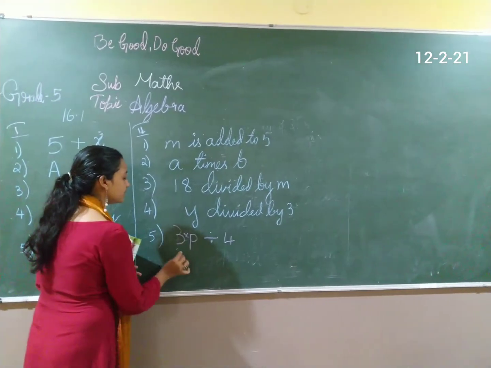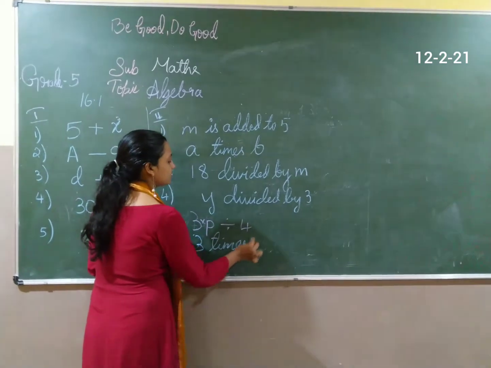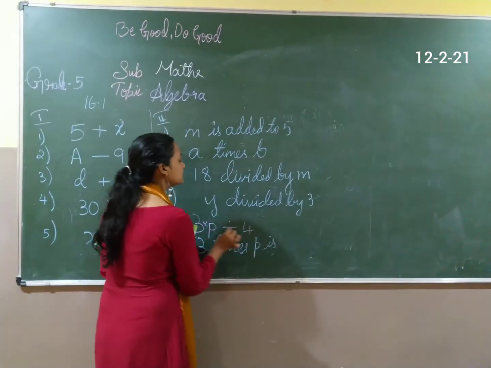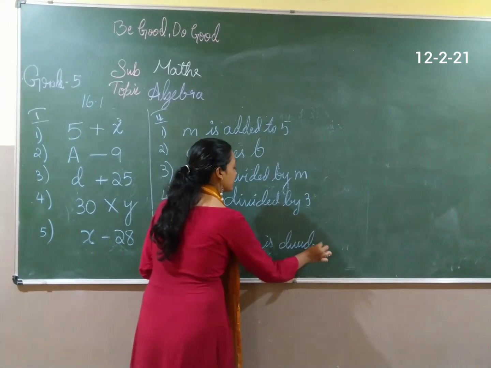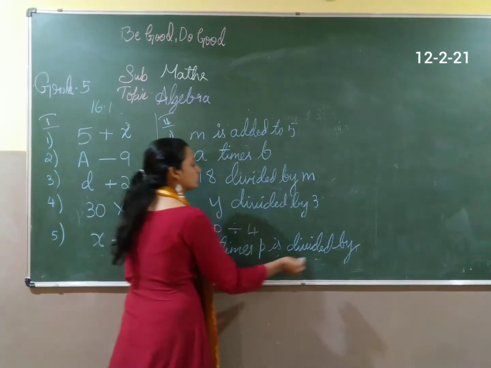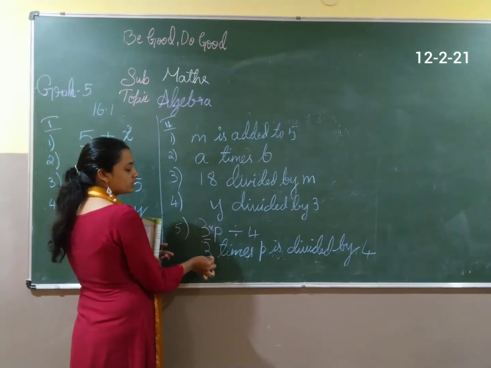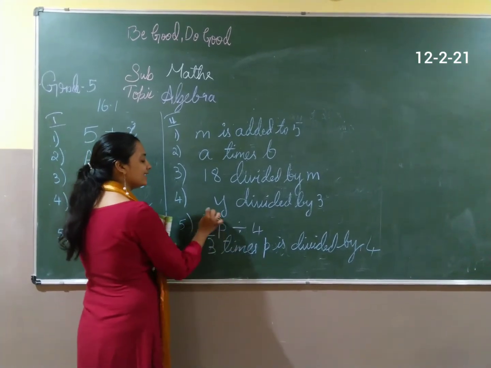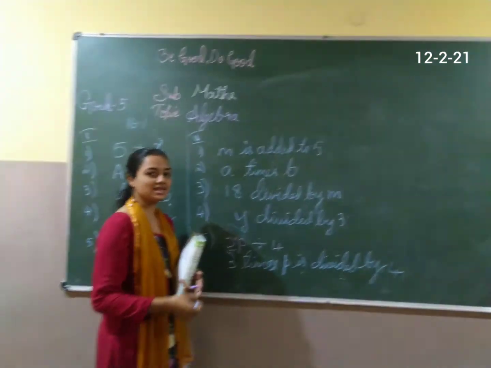So, 3 times p is divided by 4. So first I had multiplication, so I wrote that 3 times p, and then this is divided by 4. That is what I have written in the statement.